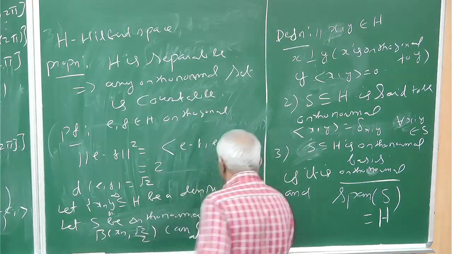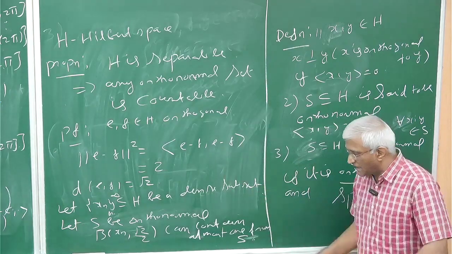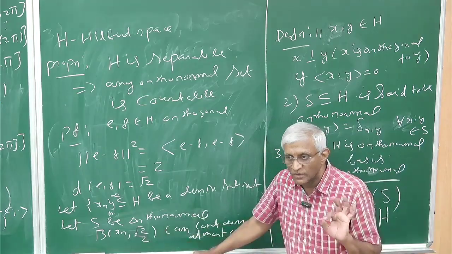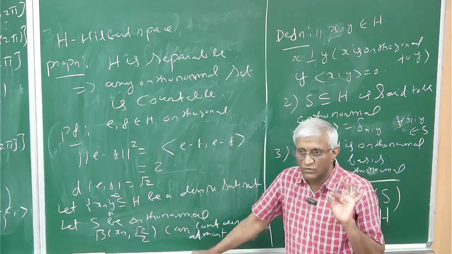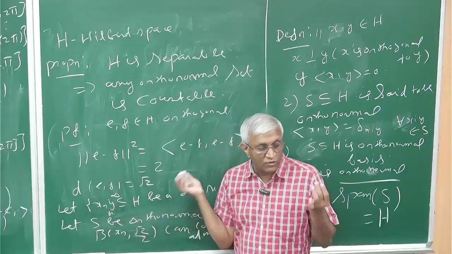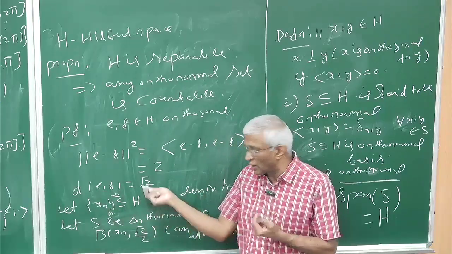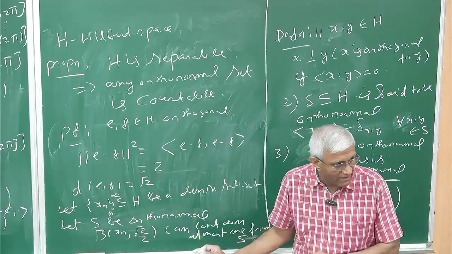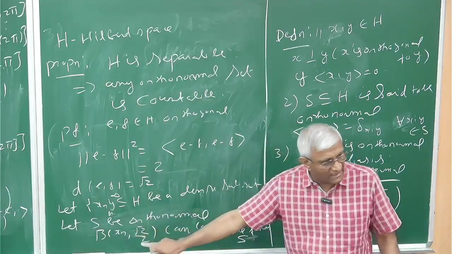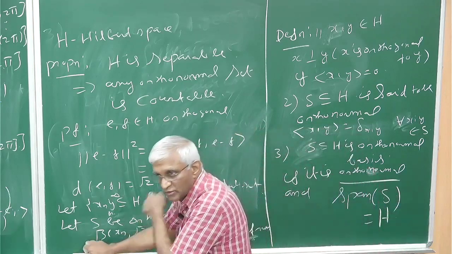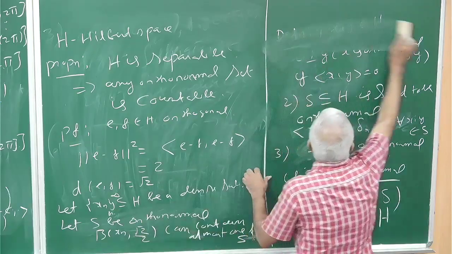Because the distance between any two orthonormal elements is square root of 2, it cannot contain more than one element. So it will have only one element. These are different for different elements, so S will be countable. You can index it using this. It may not contain anything.